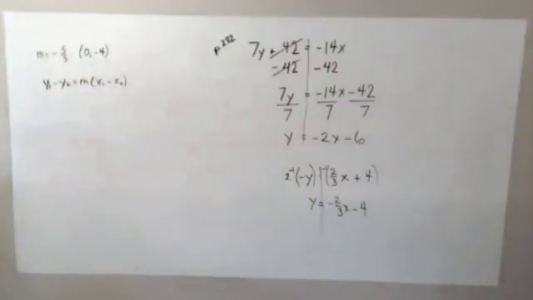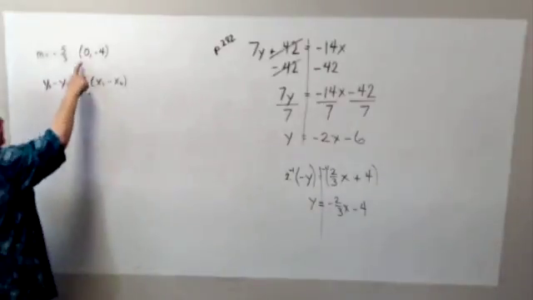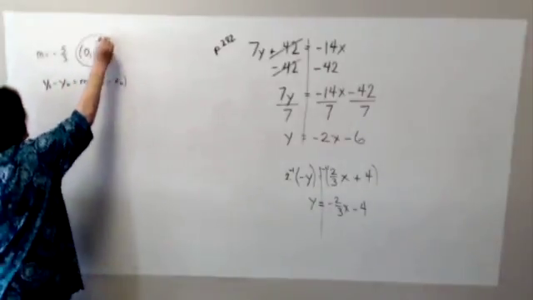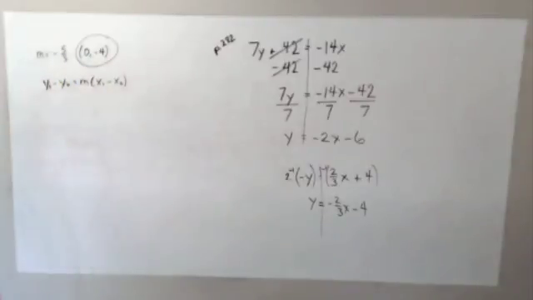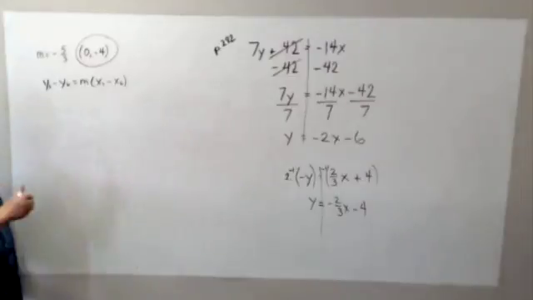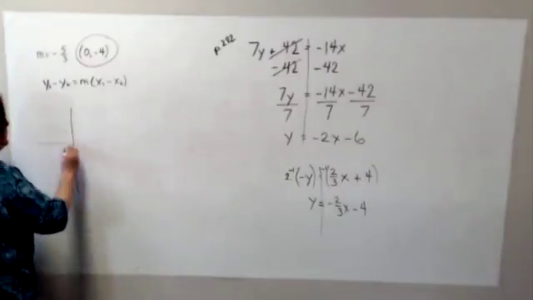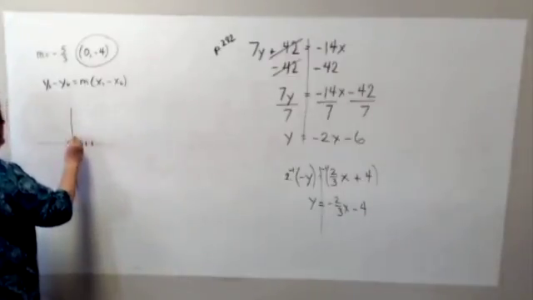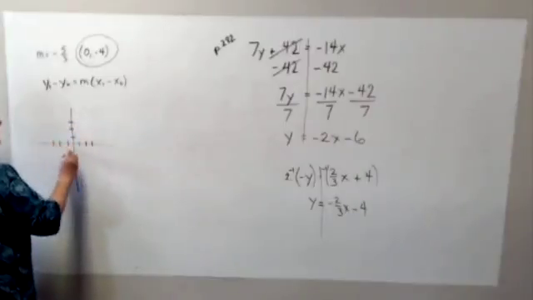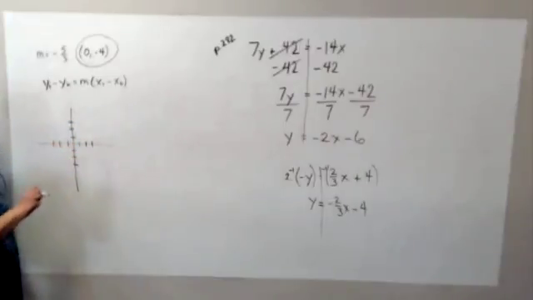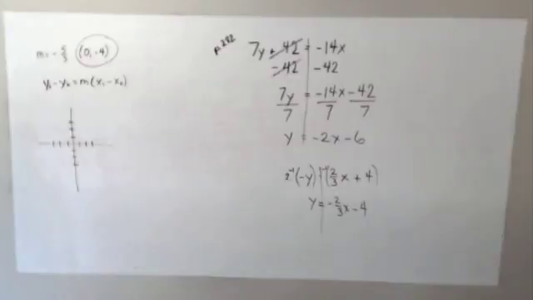Unless you remember, when x is 0, what does that make this point? Plot it. Just draw a little graph on the side and plot that point.